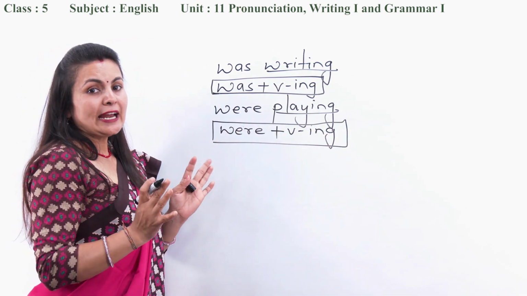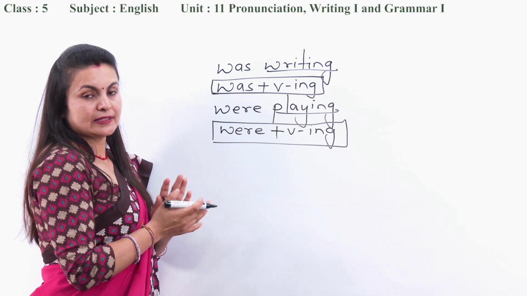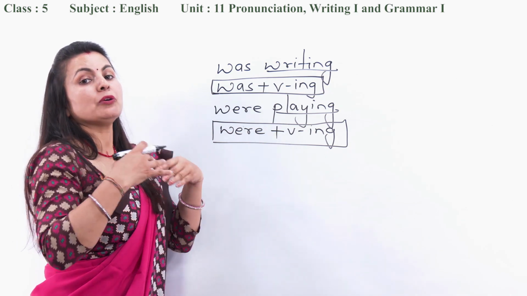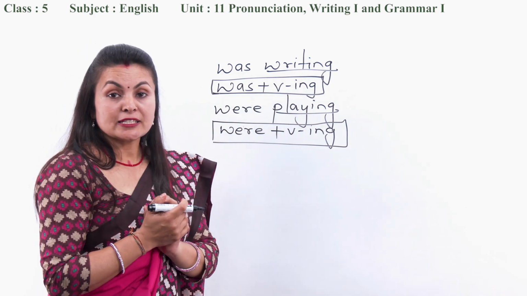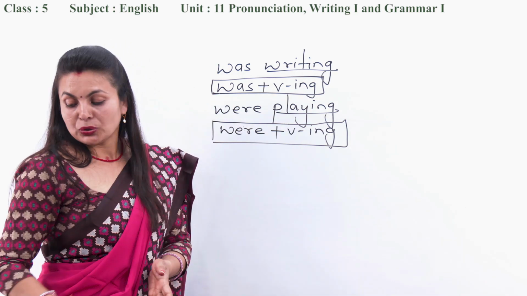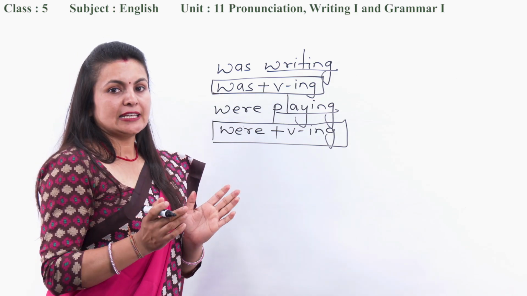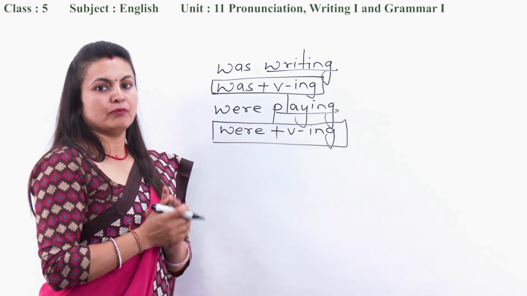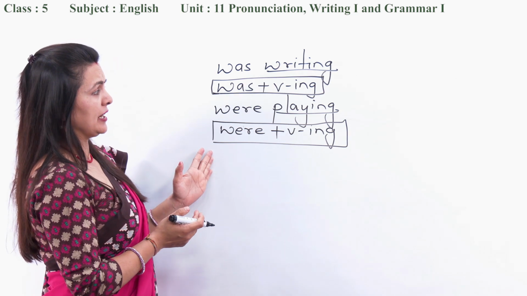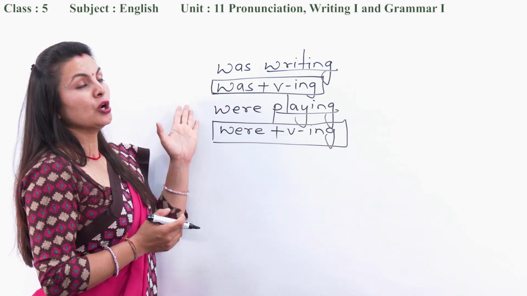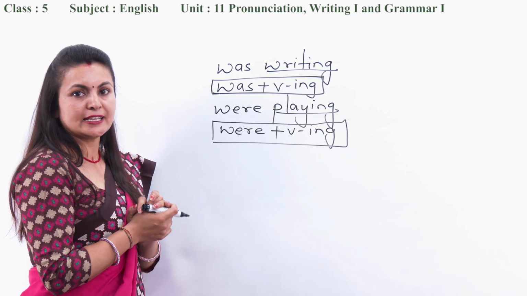So, what kind of tense are these? Whenever we are expressing or narrating past events, we used previously the past form of the verb, that is the second form of the verb, verb 2. Now here, which kind of tense are these?